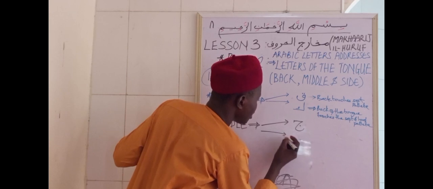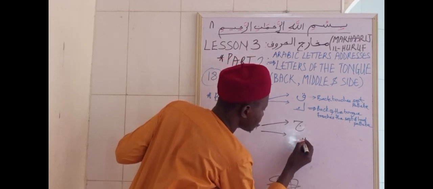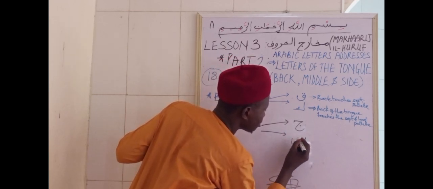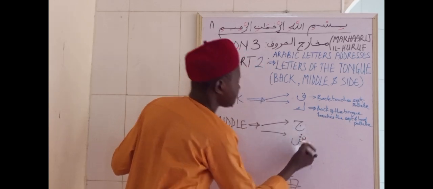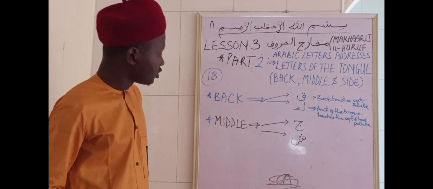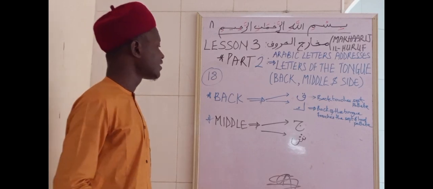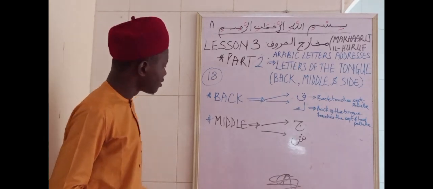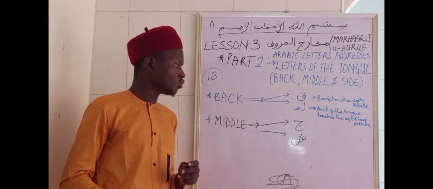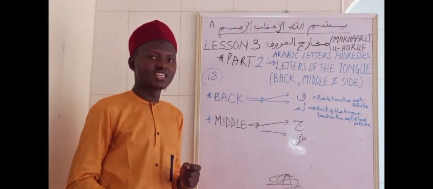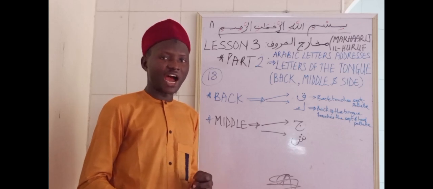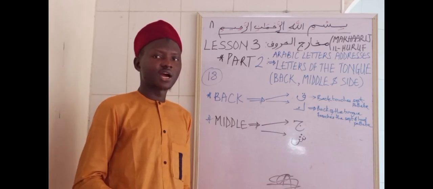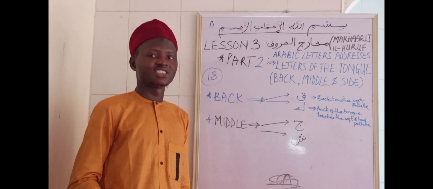Another one is sheen. Sheen is another letter that originates from the middle of the tongue. Say sheen. Ash, ash, ash.